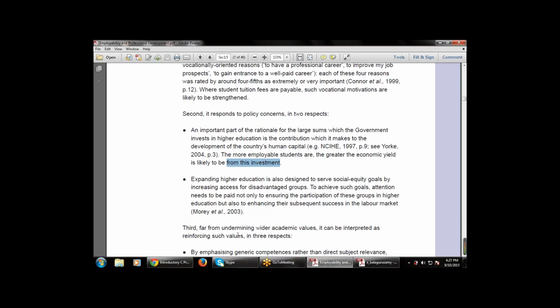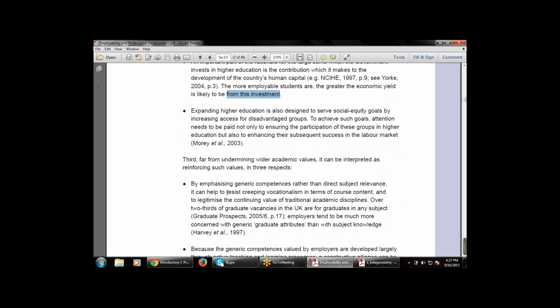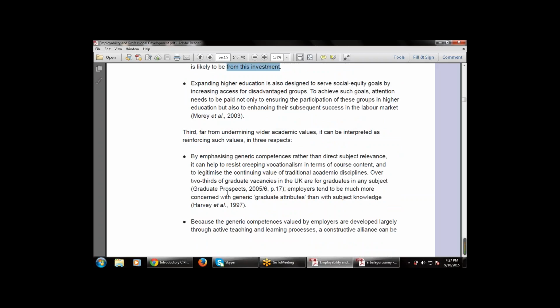Third, far from undermining wider academic values, it can be interpreted as reinforcing such values in three aspects. Either emphasis on generic competences rather than direct subject relevance can help to resist creeping vocationalism in terms of course content and to legitimate the continuing value of the traditional academic disciplines.